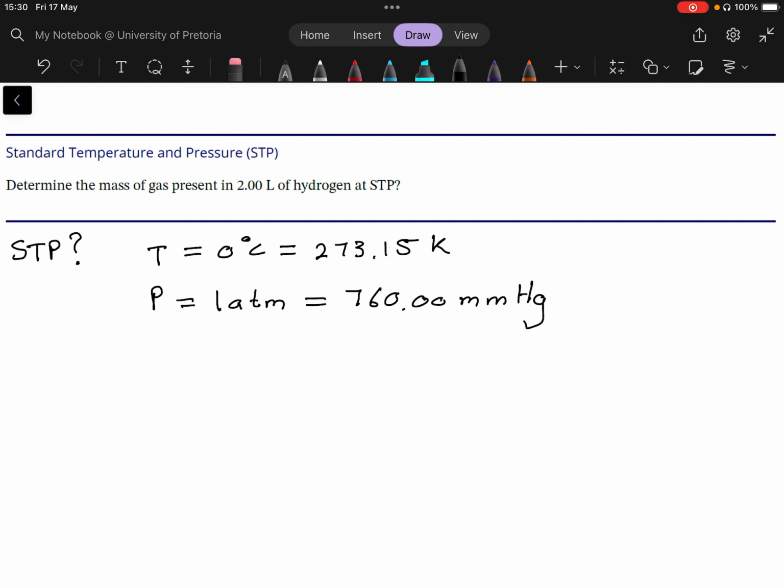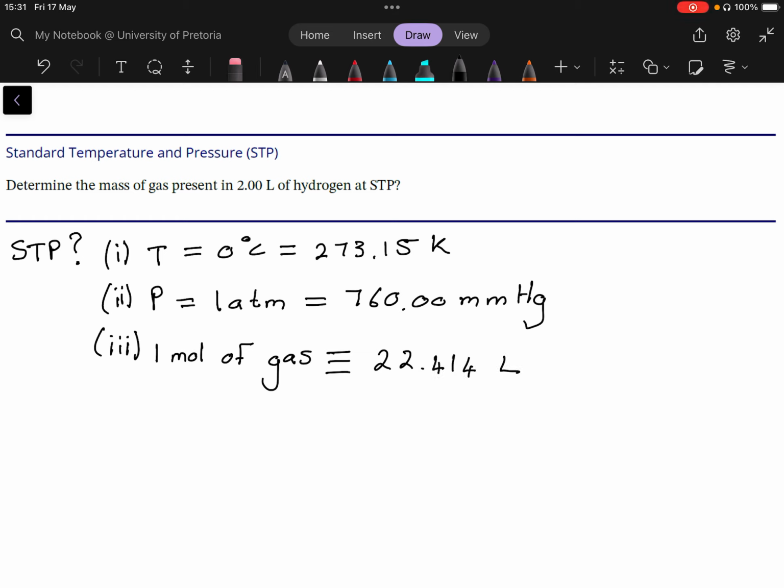And then the third thing that you know is something about the mole. So there exists a molar volume. 1 mole of ideal gas has a volume of 22.414 liter.